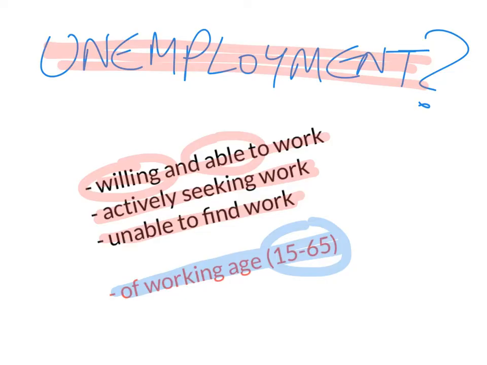The unemployed consists of people who are willing and able to work, who are actively seeking work and unable to find work, and they are of working age, between the ages of 15 and 65. This is how the government defines an unemployed person, and this is what is considered unemployment.